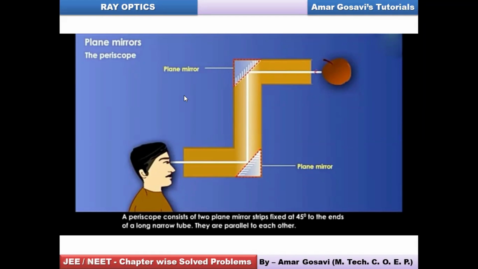You may get a magnified image there, depending upon how you place the prisms or the size of the prism. This is something which we want to study in detail at the later stages, how we actually change the sizes of the image as per our requirements.